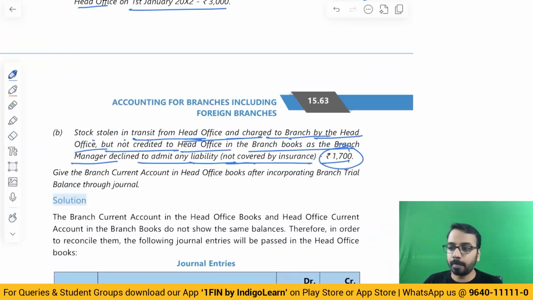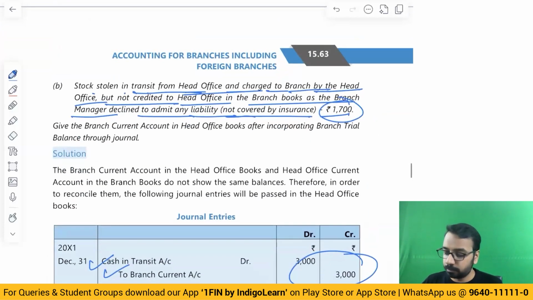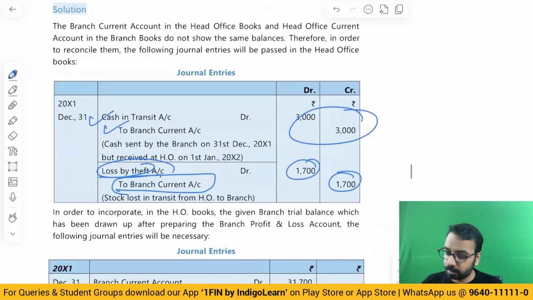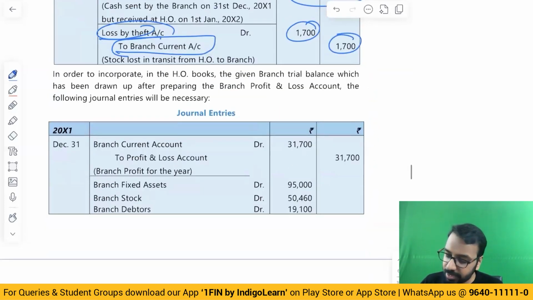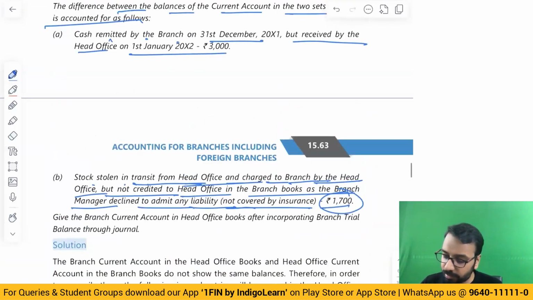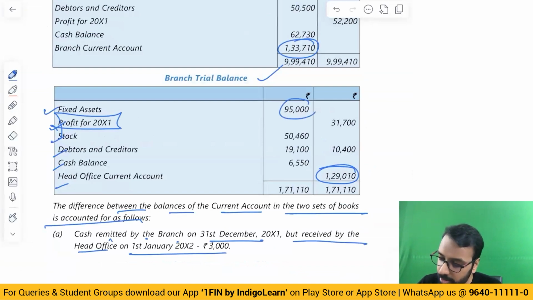Right. After we have incorporated this, the next thing they have said is to incorporate the trial balance. How will we incorporate it? All the assets, fixed assets, stock, debtors, creditors, that have a debit balance, we will credit them, and whatever has a credit balance, we will debit.